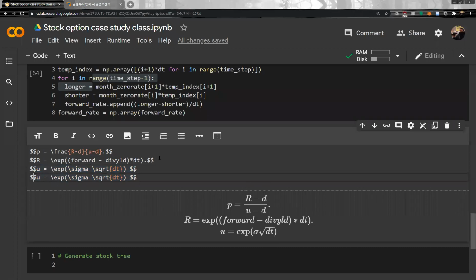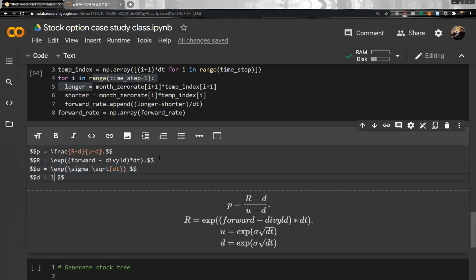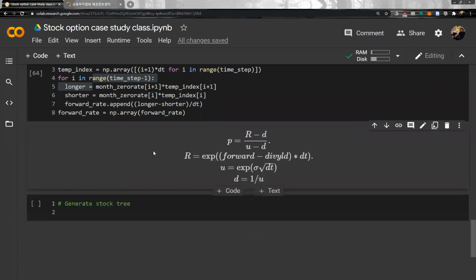And then D is basically 1 over U. For the time being, you just accept it as it is. Please check other material to understand why it looks like this.